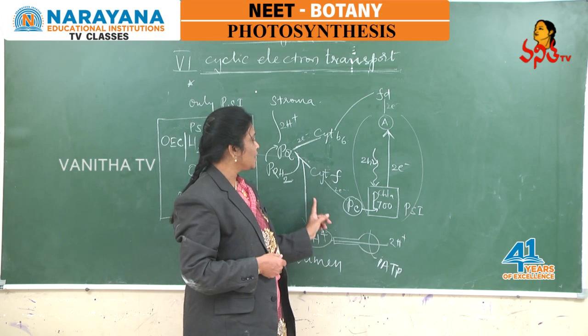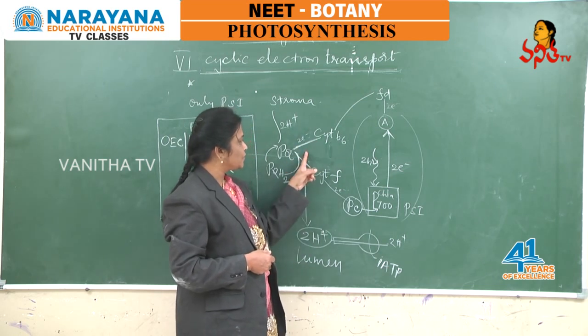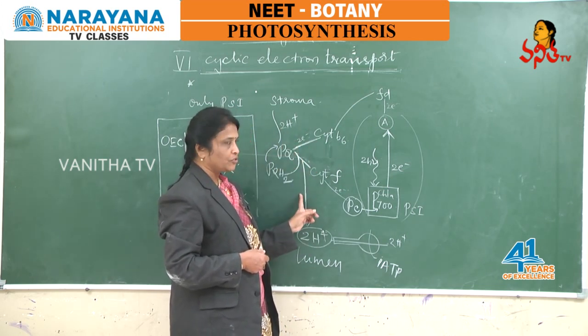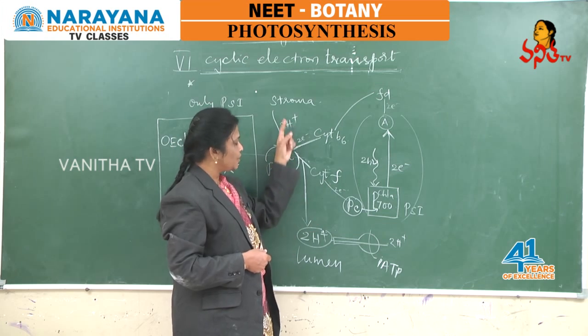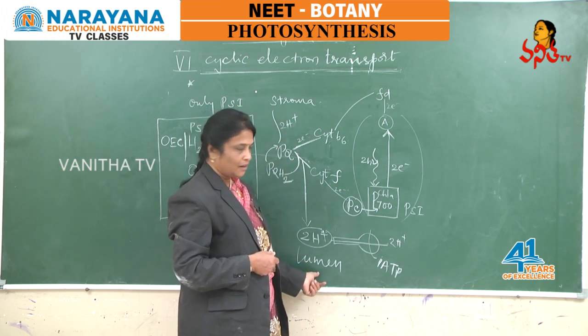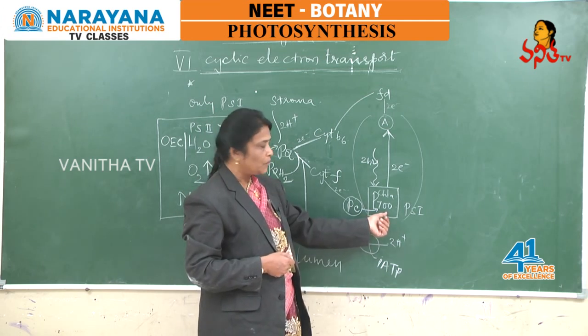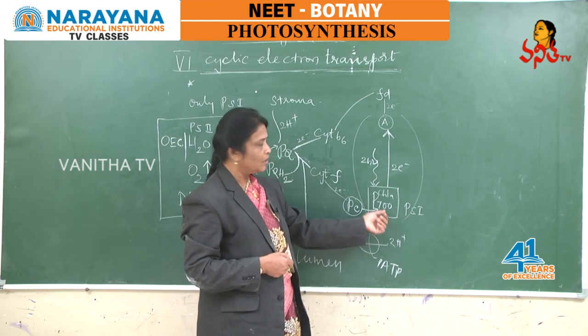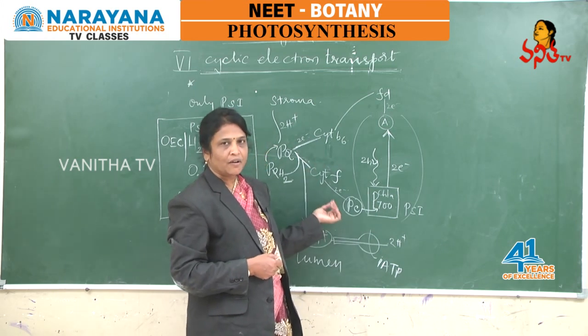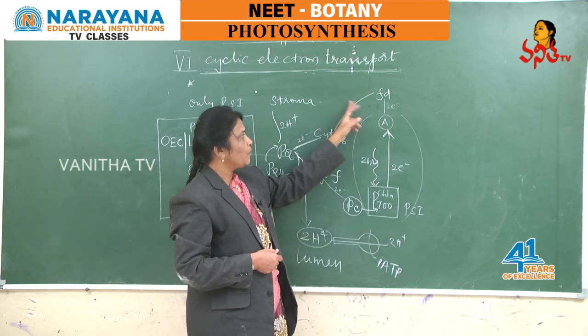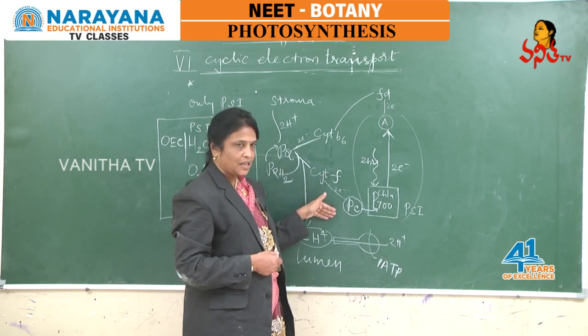But during this cyclic electron transport of that pair of electrons, a pair of protons, 2 protons, are translocated from stroma to lumen. Okay? And here as electrons go back to their original home, that is the P700 molecule, there is no chance for the reduction of NADP plus. Moreover, there is no enzyme available in this area.